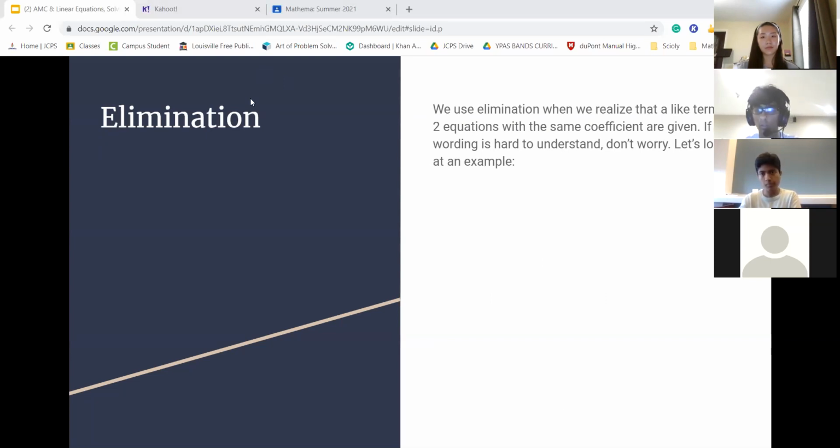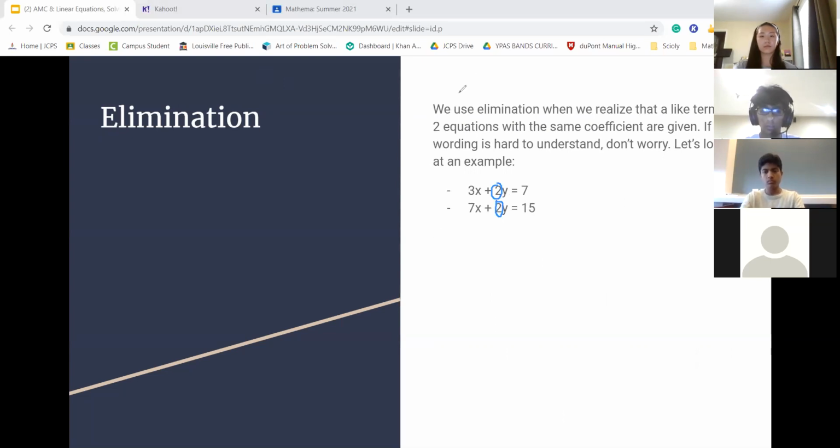We can use elimination when we realize that a like term in two equations has the same coefficient. If this wording is hard to understand, don't worry, we're going to look at an example. Basically, the idea when you're doing elimination is that you want to get the coefficient, the number right before the x, to match, kind of like finding the least common multiple between two numbers.